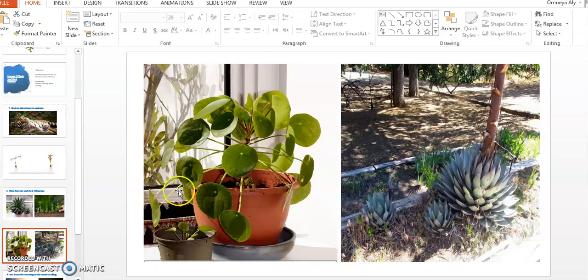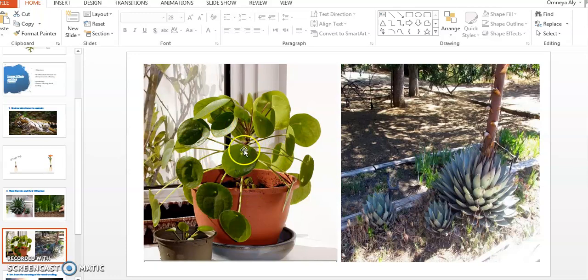If we look here at this picture, we can know easily where the adult plant is and where the offspring, the baby plant, the young plant is. This is the adult plant and this is the young plant. How did you know? Yes, I know that, miss. I know that the adult plant has many leaves.